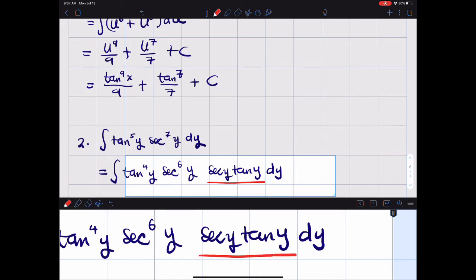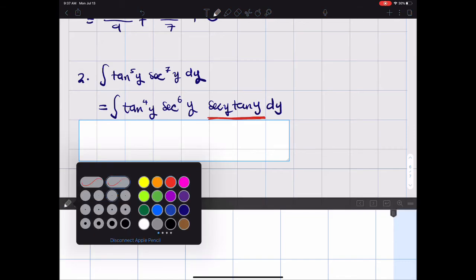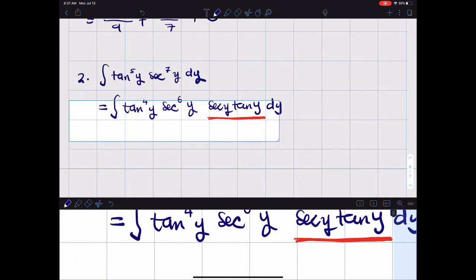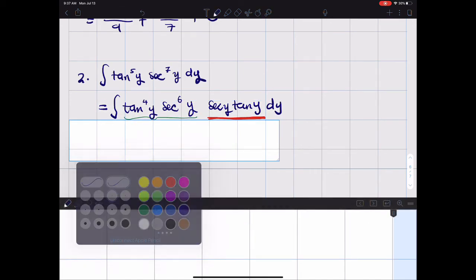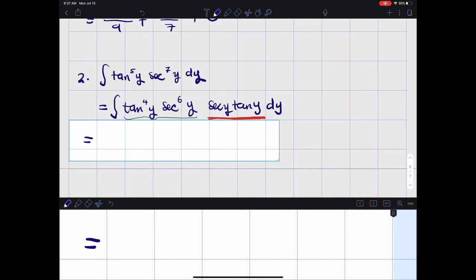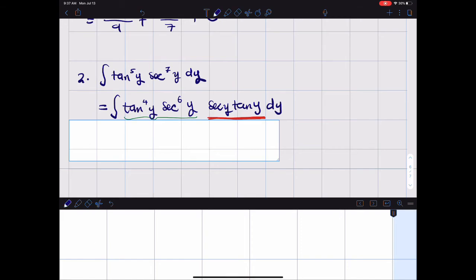Our goal now is to rewrite whatever is remaining over here in terms of secant, because we have the derivative of secant, which is secant y tangent y, sitting right there. All right, this might not be very straightforward. It's straightforward. It just requires more work than usual.